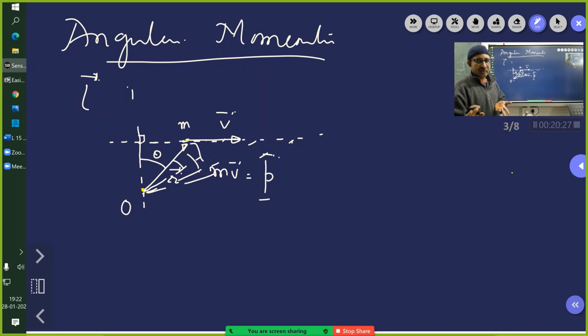No external force is acting. Excellent. But the body is in motion, so if you fix some reference point, its displacement is increasing. Similarly, its angular position keeps on changing because theta keeps on changing.